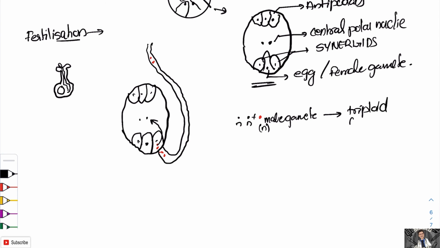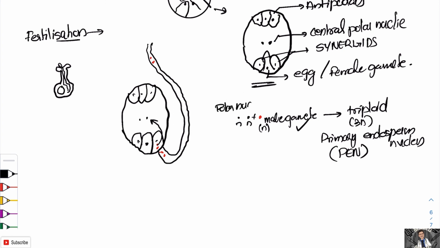A triploid structure, and we call it the primary endosperm nucleus, or PEN. So the primary endosperm nucleus was formed by the fusion of male gamete and central polar nuclei.